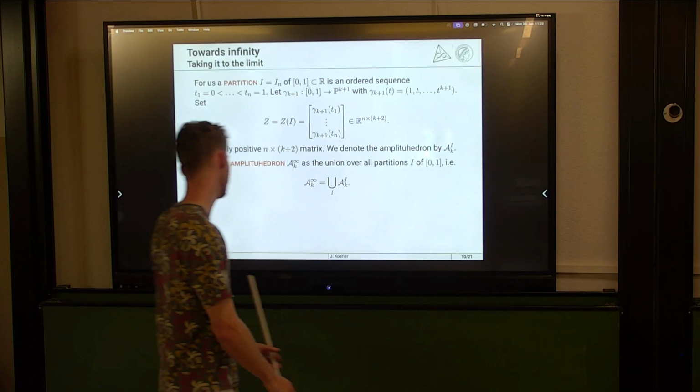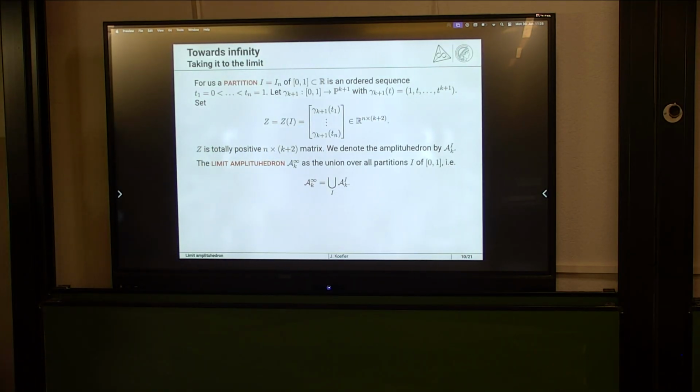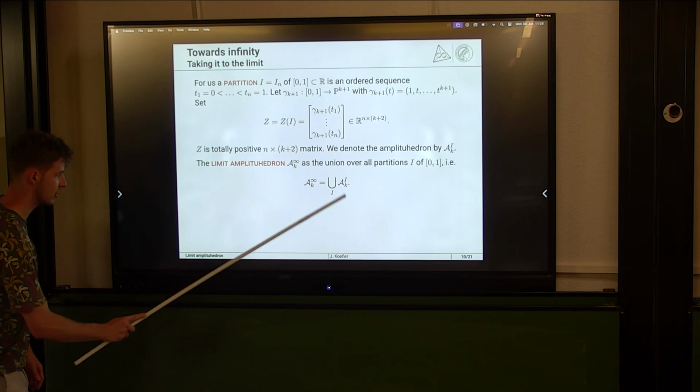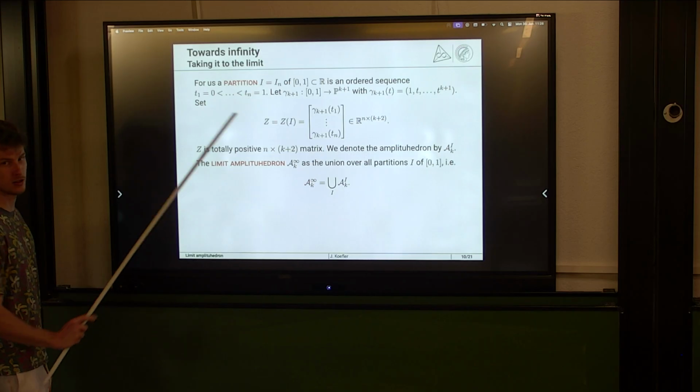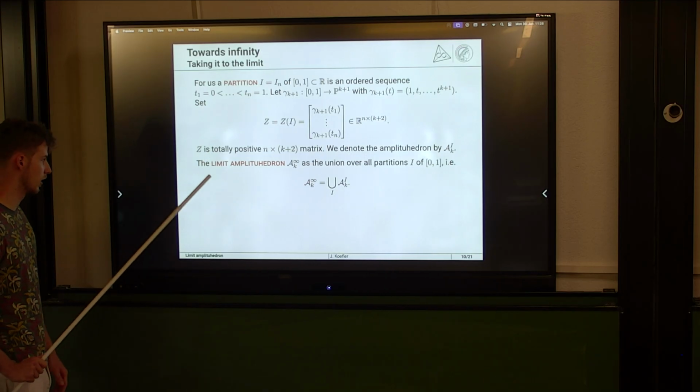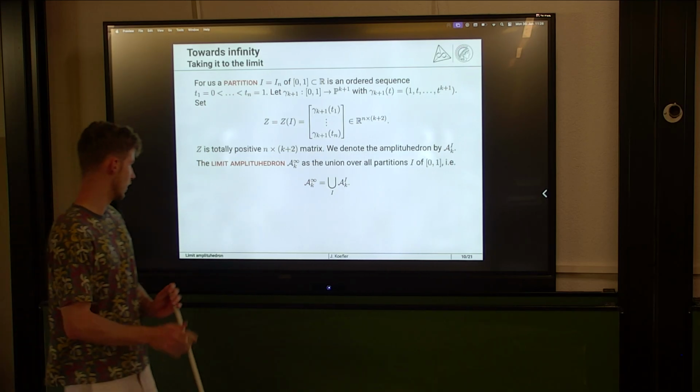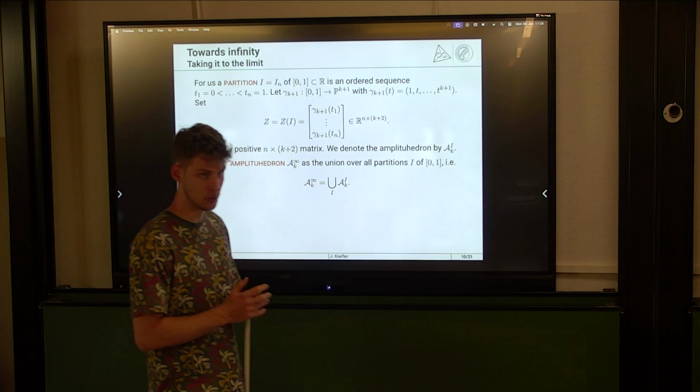Well, okay, and finally there we are. So the limit amplituhedron, A_k infinity, you should think of as the union over all increasing partitions of the interval 0 to 1, where you just take the union of all of the associated amplituhedra to the Z matrix defined for any partition. Yes?